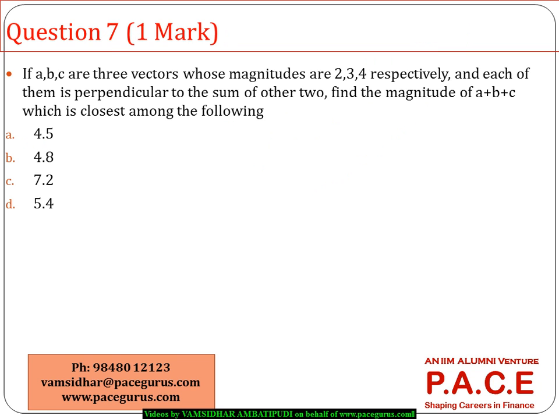If A, B, C are three vectors whose magnitudes are 2, 3 and 4 respectively, and each of them is perpendicular to the sum of the other two, find the magnitude of A plus B plus C. Okay, a slightly easy but a difficult kind of question.